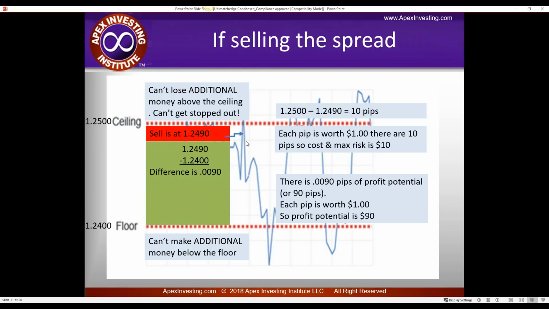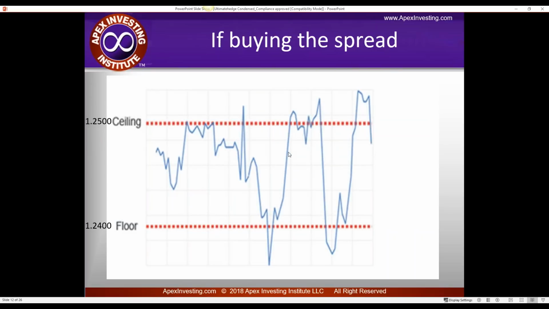Well, that'd be 40 pips, right? And if it's $1 a pip, that would be $40. So does that make sense? It's $1 a pip from where I sell compared to where I can buy back. All right, let's get another example real quick.